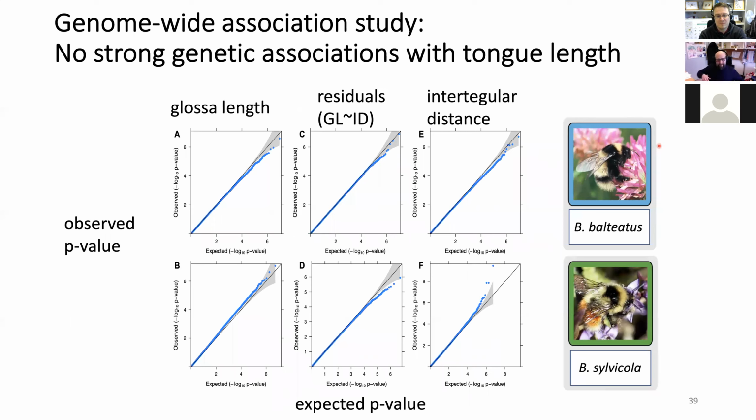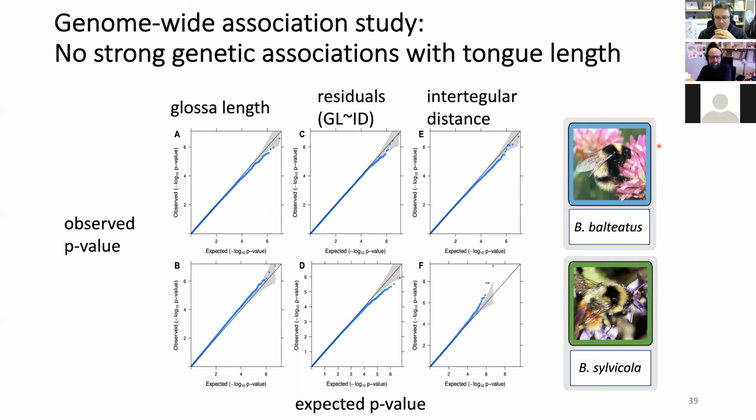However, unfortunately, we weren't able to find any strong correlations between particular genetic loci and phenotype using a genome-wide association study in these samples.